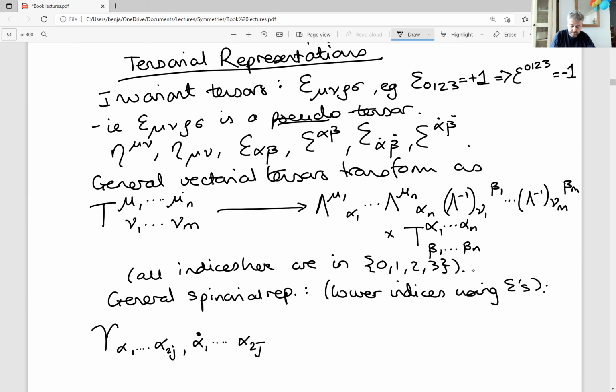So here now the indices are in 1 and 2. So these are spinorial indices. So this goes to, well, for each undotted index, we get a factor of A, which is in SL2C.